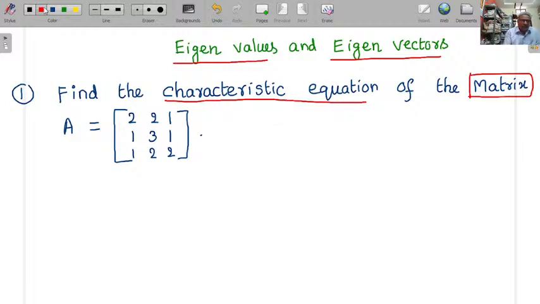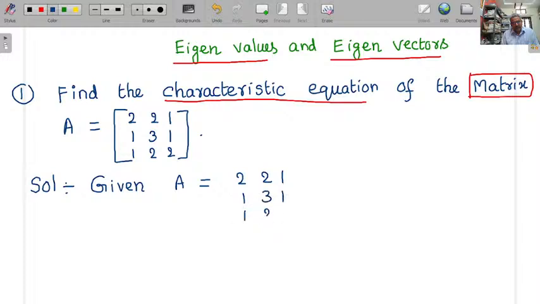So next, how to proceed? First write down the solution. The given matrix is A equals 2 2 1, 1 3 1, 1 2 2. These are the elements of the square matrix, that is a 3 by 3 square matrix. First, how to find the characteristic equation?